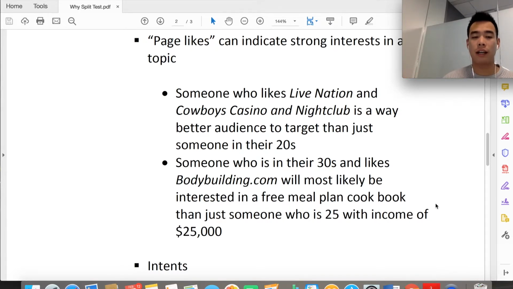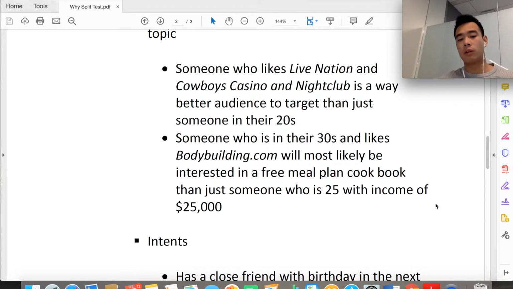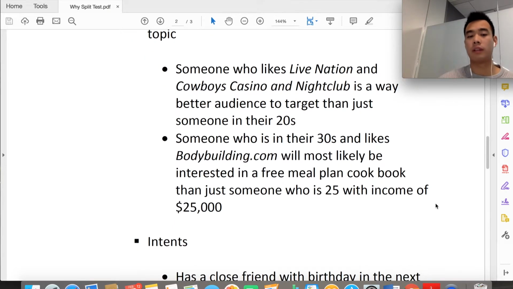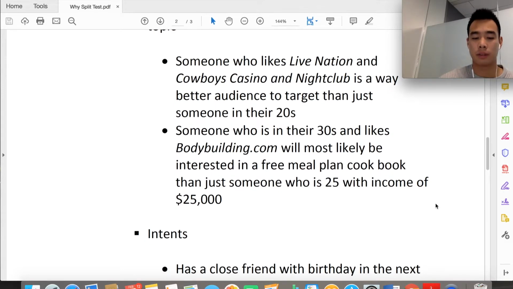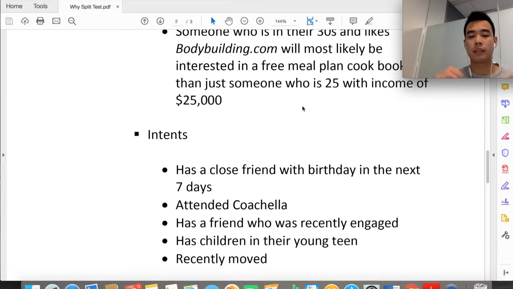For the third asset, maybe you want to target someone who likes Live Nation, bodybuilding.com, and has attended Coachella. Then you go to the fourth one and you change something different, and you go to the fifth one and you change something else, right? And you change something else, with as many things as you want.